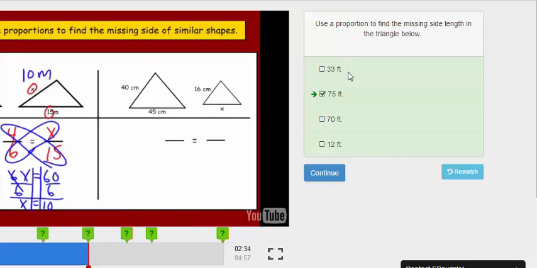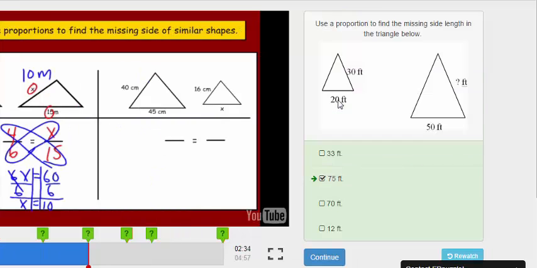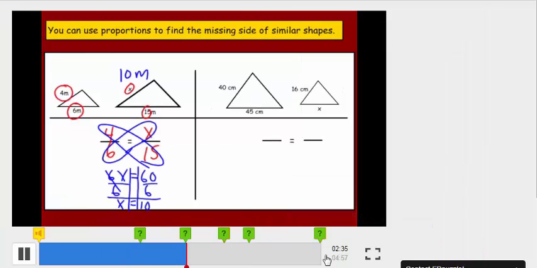The answer to this second question is 75 feet. You then click continue. If we look at the next example, the ratio of this triangle is 40 to 45, and it has the same ratio as a triangle that's similar to it, 16 to x. Now, rather than cross multiply on this one, I think I'm going to use equivalent fractions.